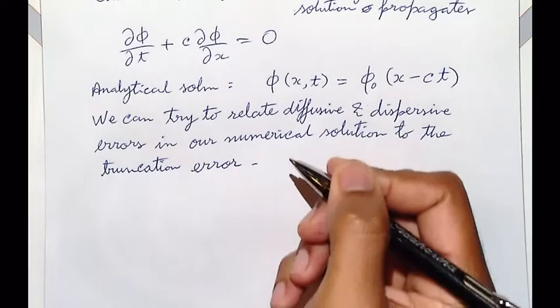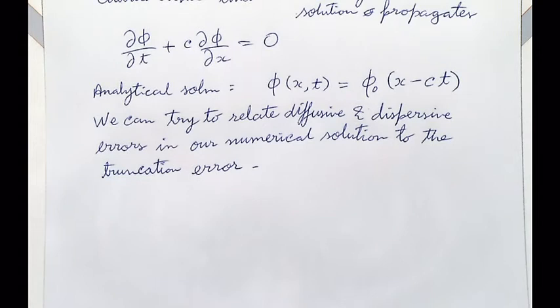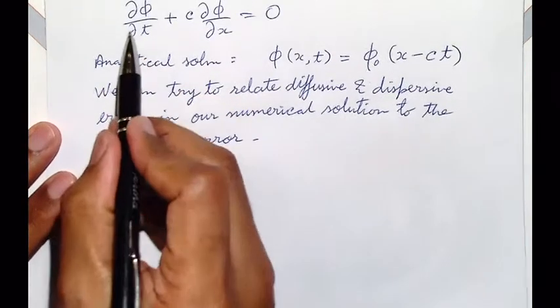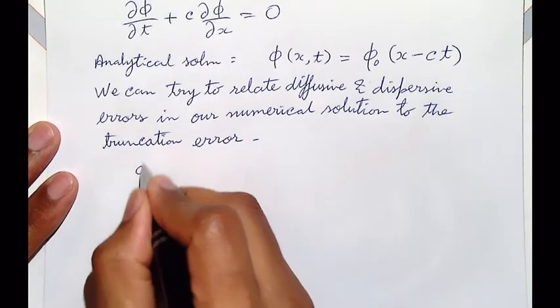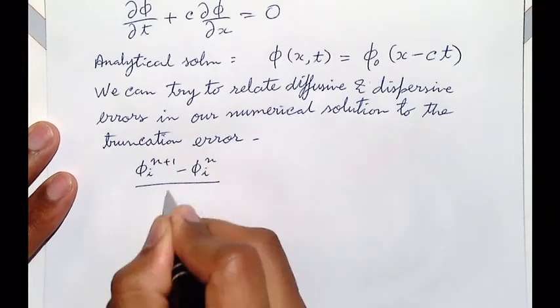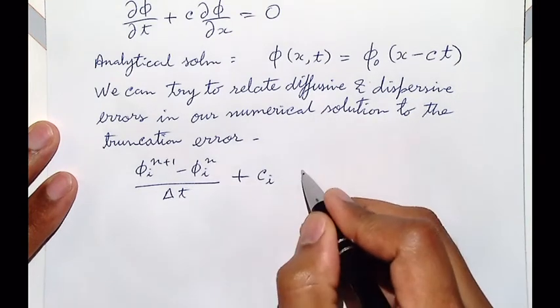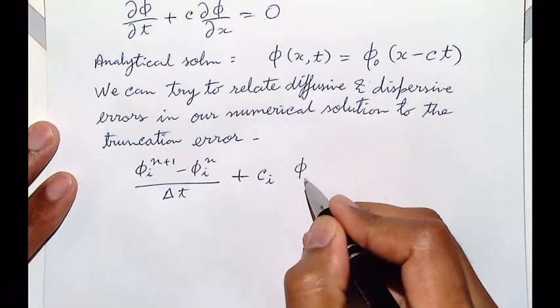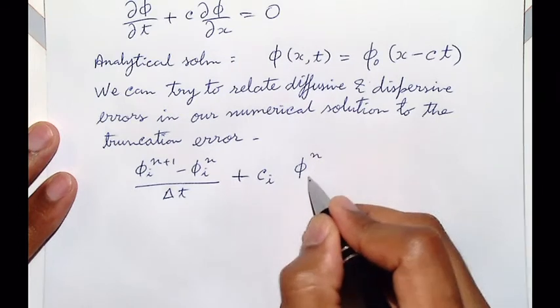Do you remember how I said what is one of the best ways to discretize this advection equation? Upwinding, right? So what should I write for the time derivative? (phi_i^(n+1) minus phi_i^n) by delta t plus c (phi_i^n minus phi_(i-1)^n) by delta x equals 0, for u greater than 0.